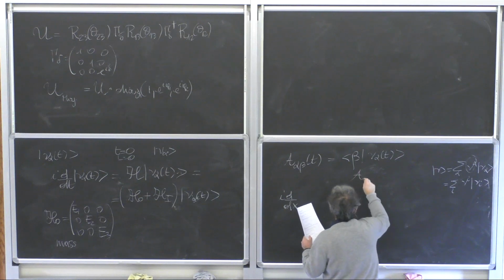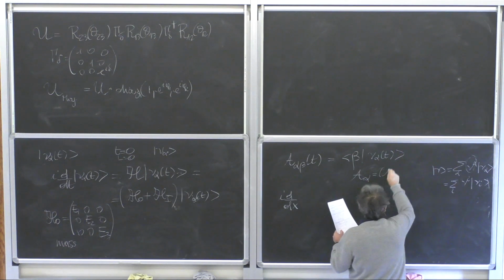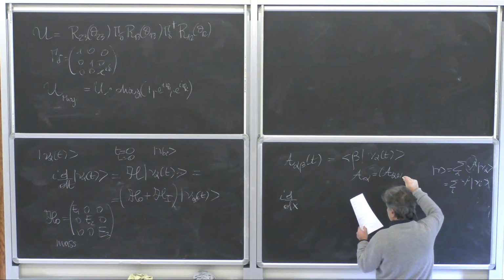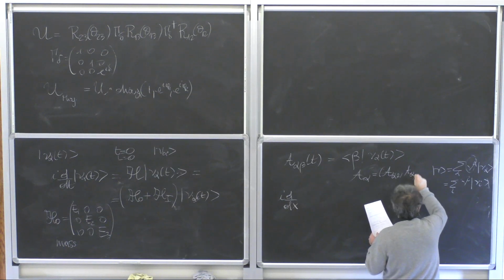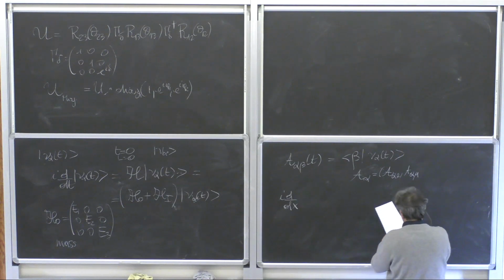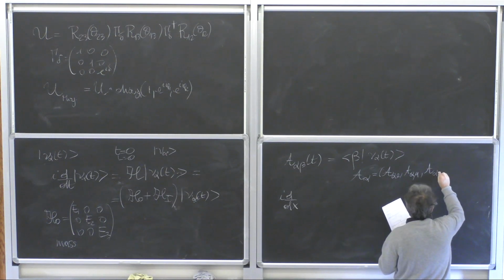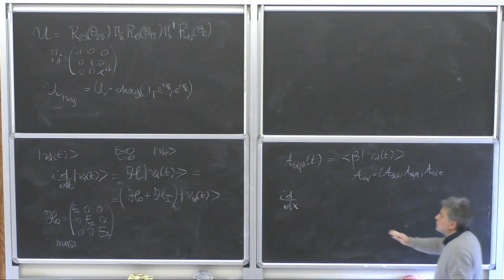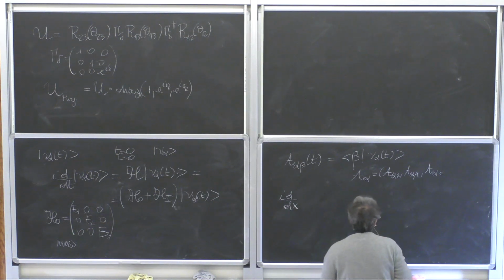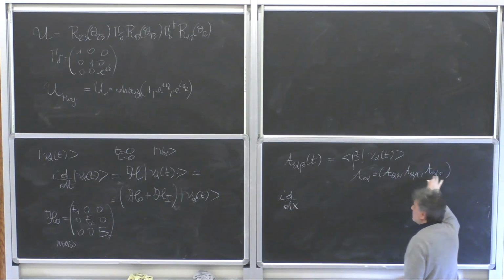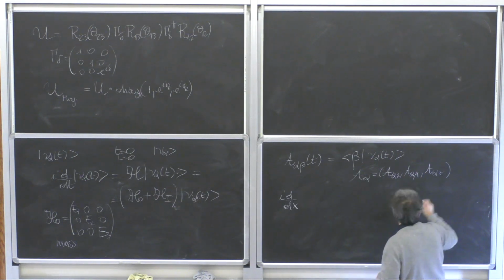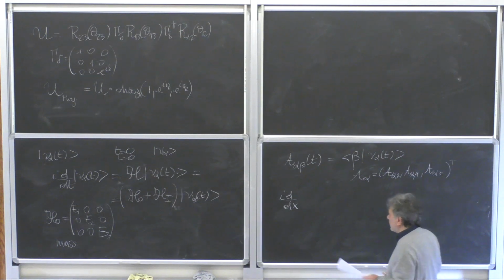So define ψ_α as ψ_αe, ψ_αμ and ψ_ατ. So this was the initial state, and we forget the second index because we put everything in a vector, okay? Consider this as a column vector.